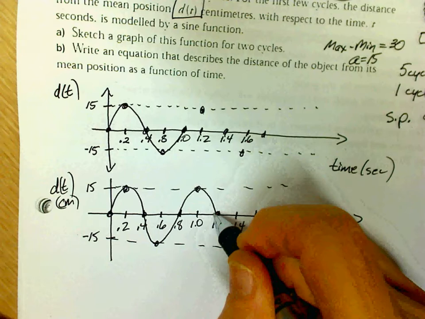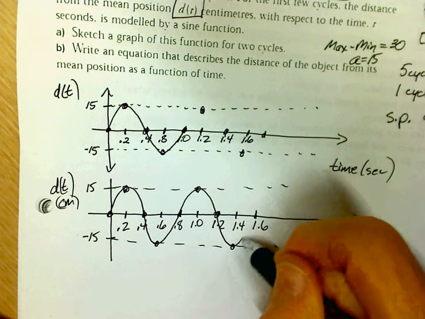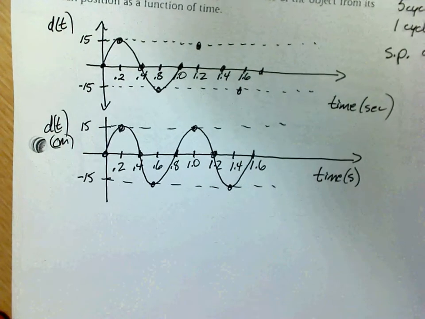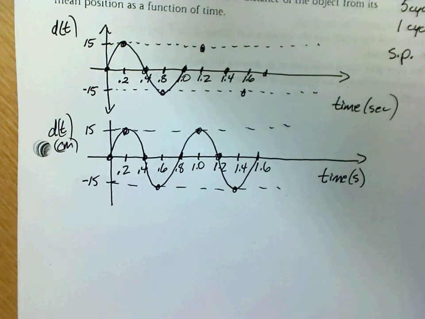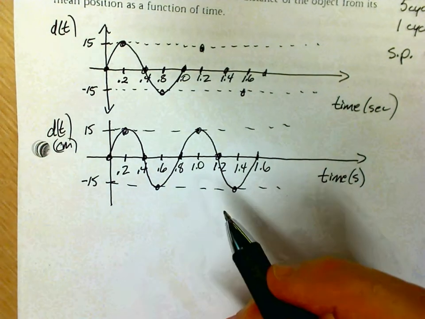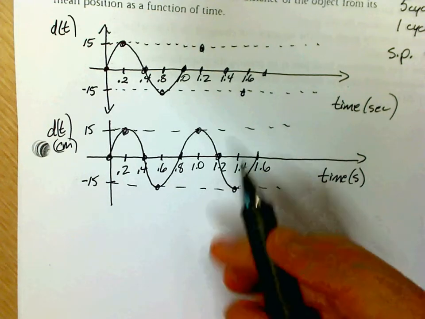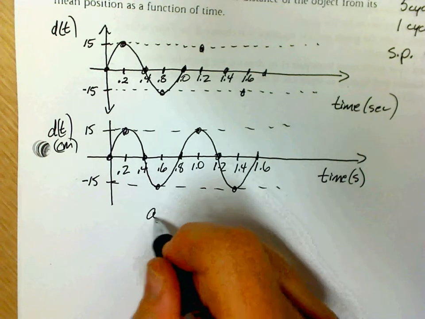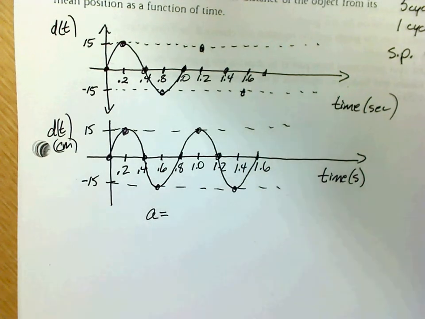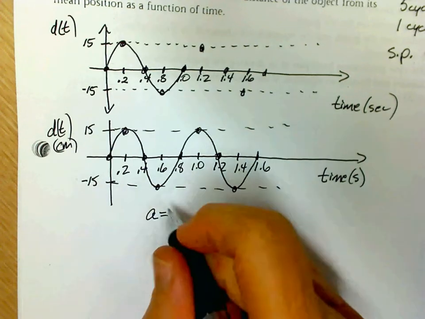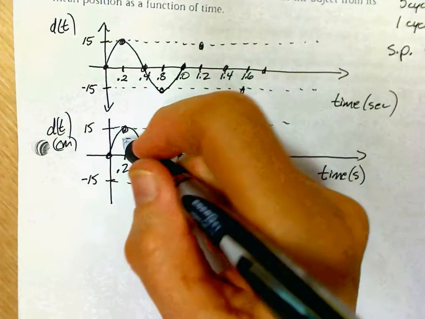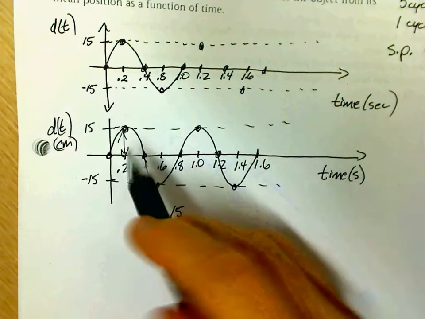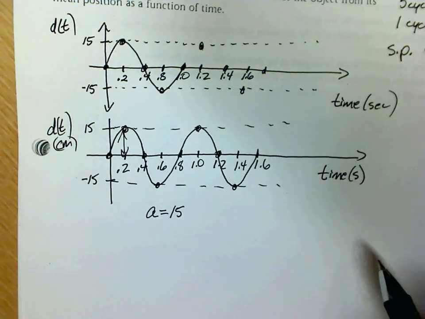That's a little better. Okay. So again, let's take a look. So anyone want to tell me what A equals? 15, right? A is half the distance between the max and the min. So it's 30 divided by 2 is 15.